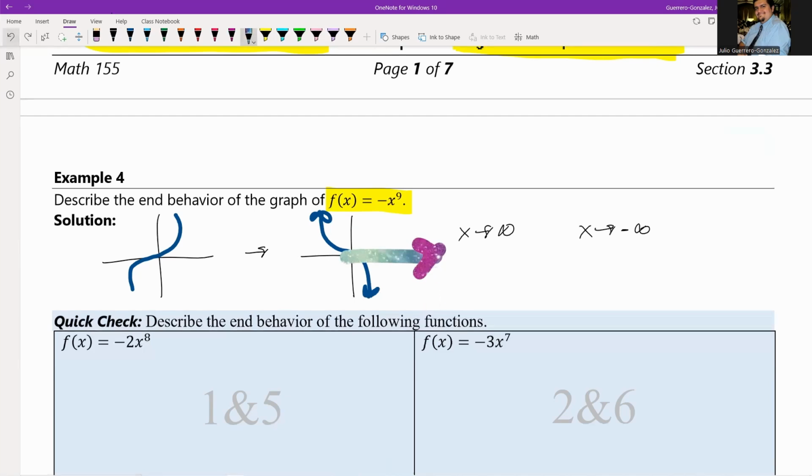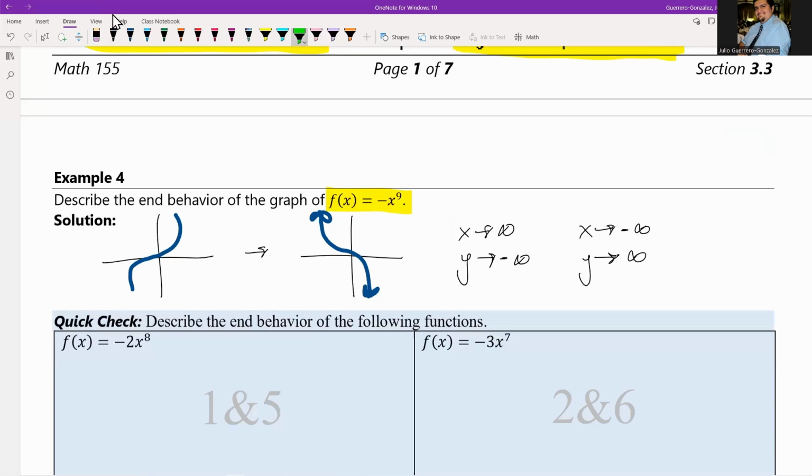So we can say that our y values tend to negative infinity. And then if we do the other side, as x goes to negative infinity, that way, my y values shoot upward. Y tends to, let me write those arrows correctly, there we go, positive infinity.